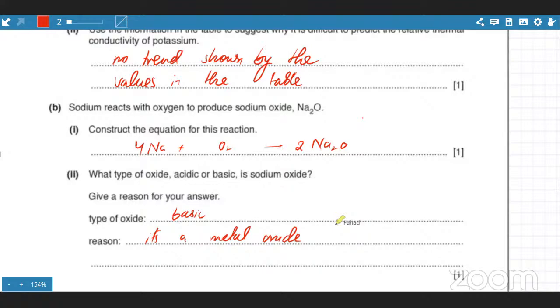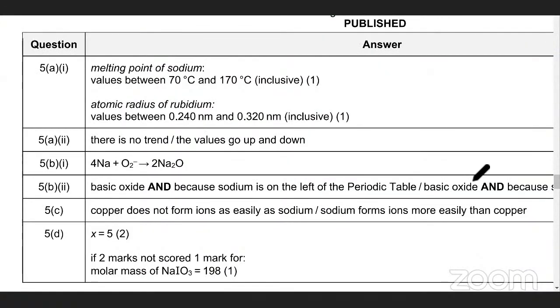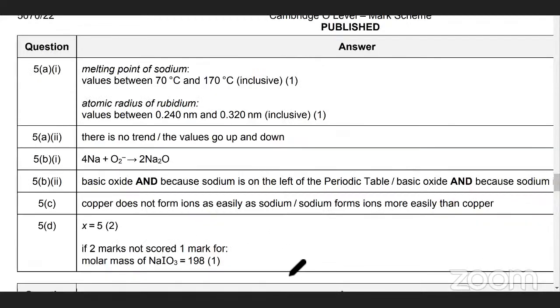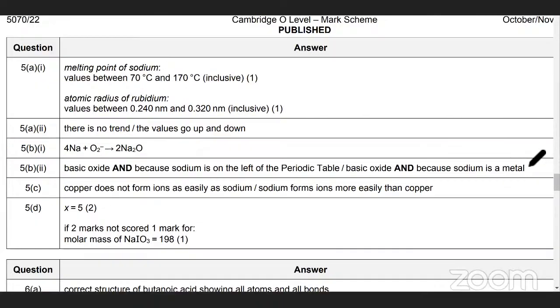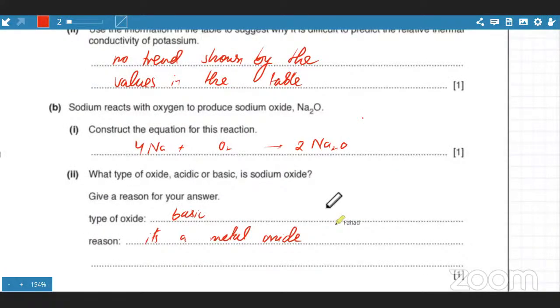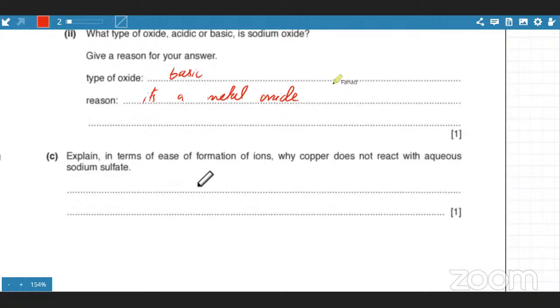But let's have a look at the question. Oh, they did say sodium as a metal. That's fine. So we said sodium oxide is a metal oxide. So that's fair enough. We've pretty much nailed the answer. This one we've correctly identified the answer. Let's move to the next part, part C.